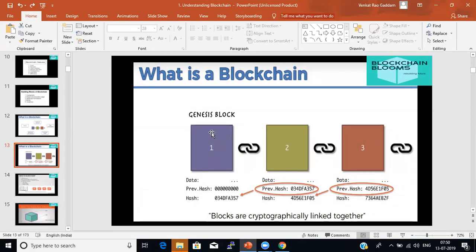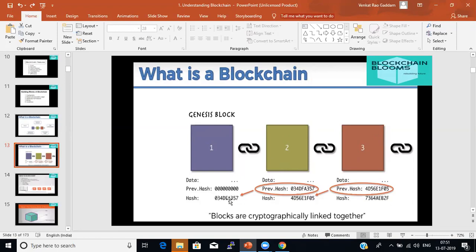Let us assume in this block there are about 100 transactions, and here another 100 transactions, and here another 100. All these 300 transactions are recorded in the blockchain, and how are the blocks linked to each other? Between block 1 and block 2, the connectivity is established with the help of this block hash code, right?